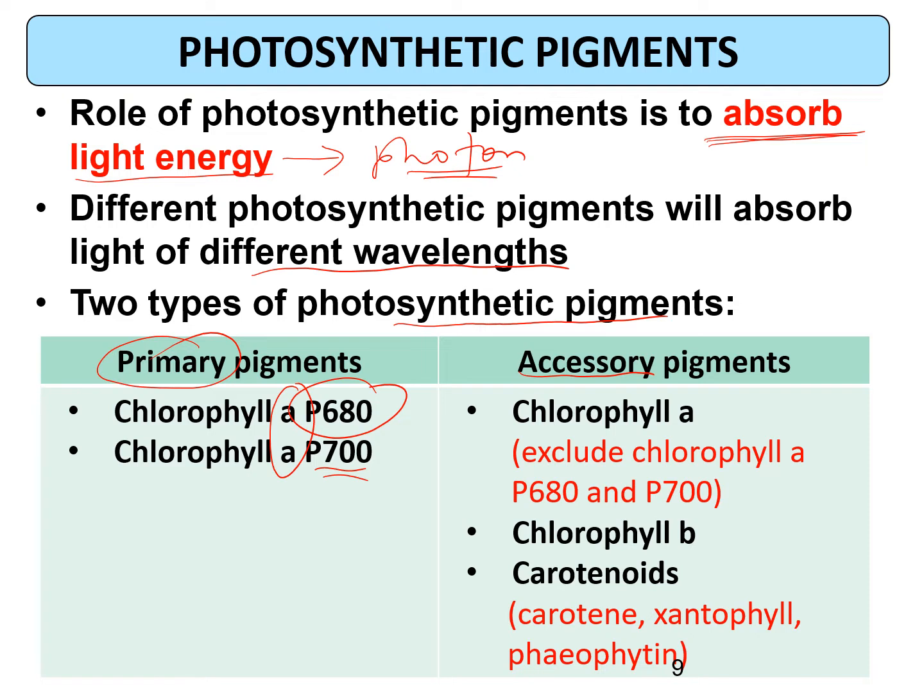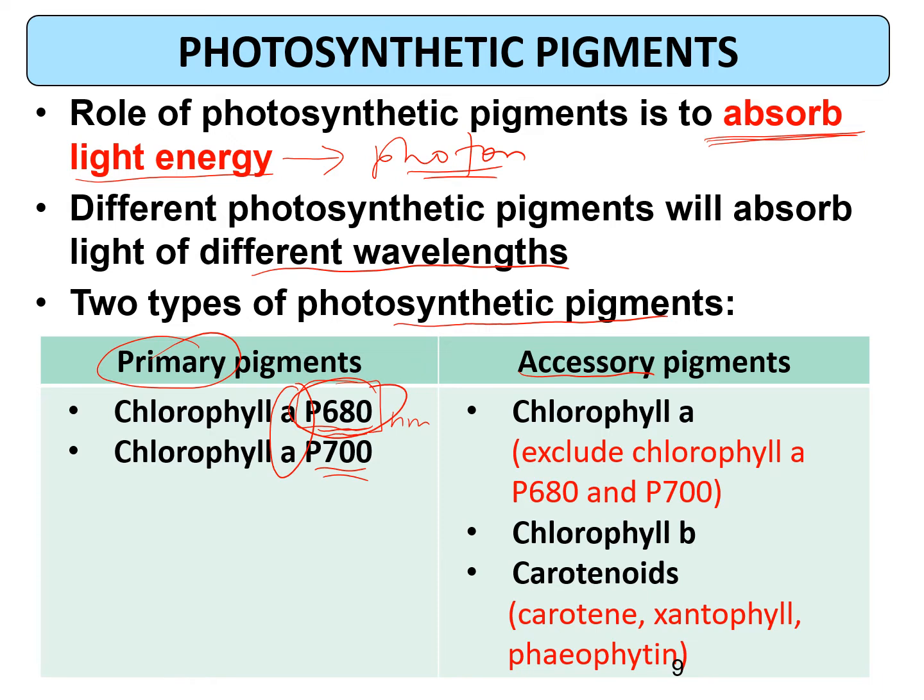There are chlorophyll A that absorb wavelengths other than 680 and 700. Okay, P680 here means it absorbs light at wavelength 680 nanometer, while P700 means it absorbs light at wavelength 700 nanometer.